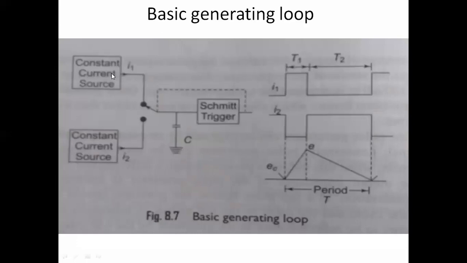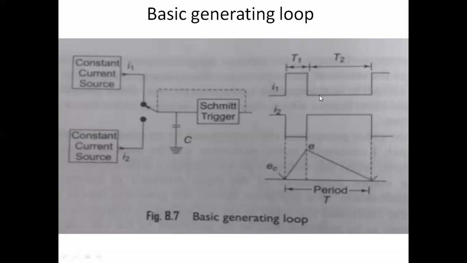Here a constant current source produces a current I1, and another constant current source produces a current I2. Here we have a ramp capacitor, and this is the Schmitt trigger.